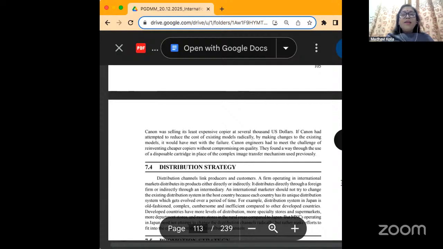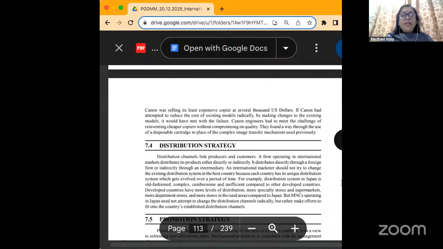So, if Canon had attempted to reduce the cost of existing models radically by making changes to them, it would have met with failure because a sudden drop in price is also of equal importance, and it raises a number of questions. Why is the company doing it? So Canon engineers had to meet the challenge by reinventing cheaper copiers.